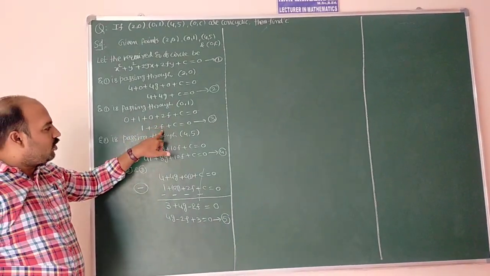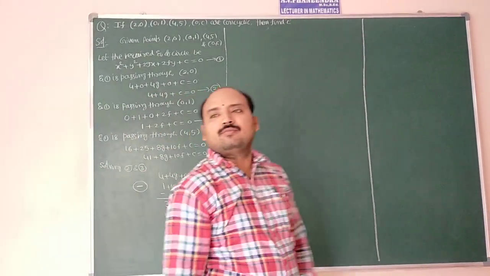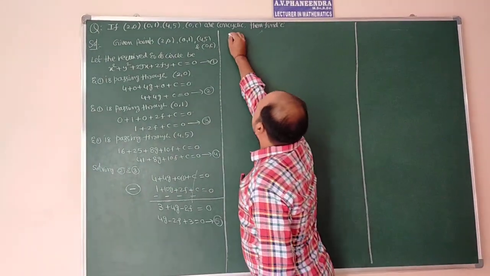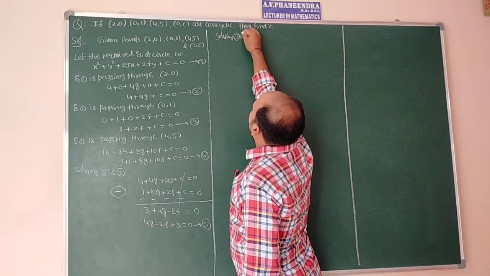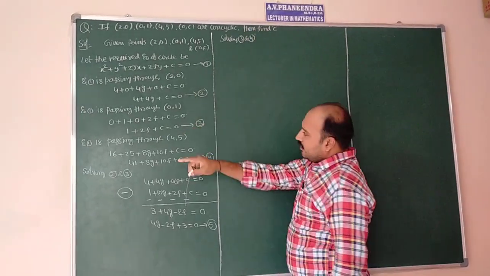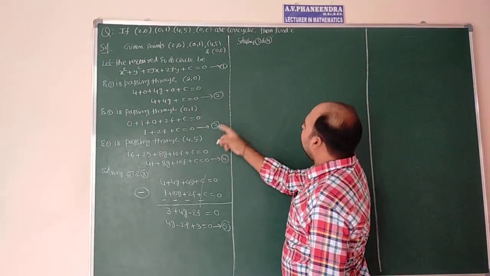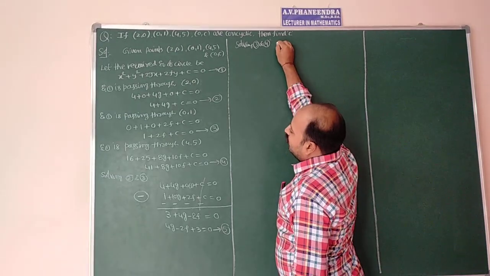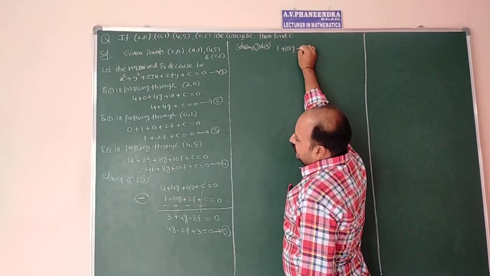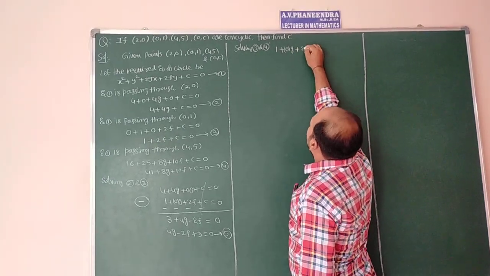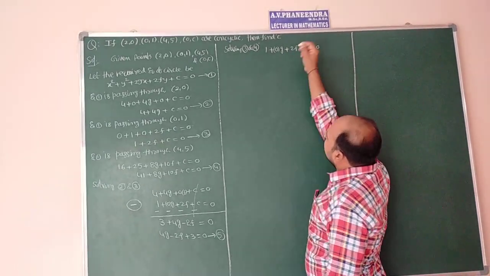Next, solving 3 and 4. In the third equation, the g term is not there. So 1 plus 0 into g plus 2f plus c equal to 0.